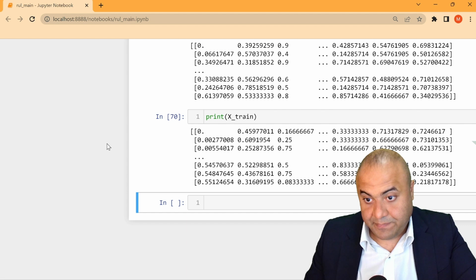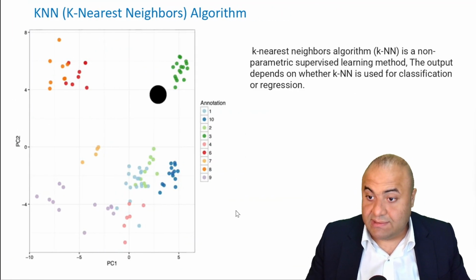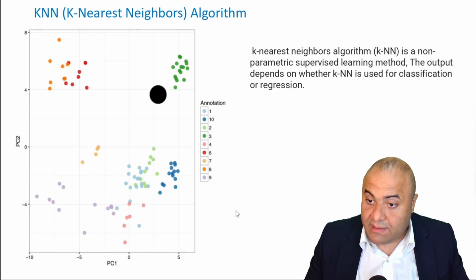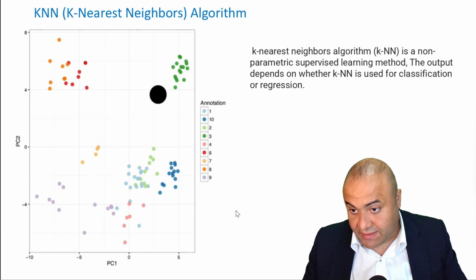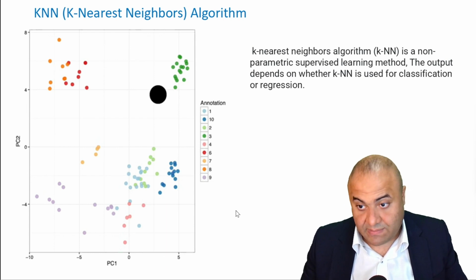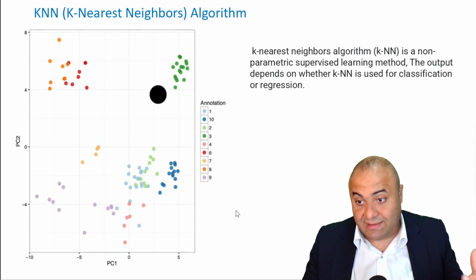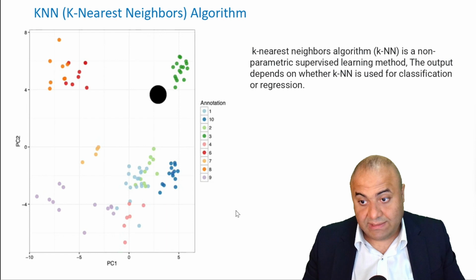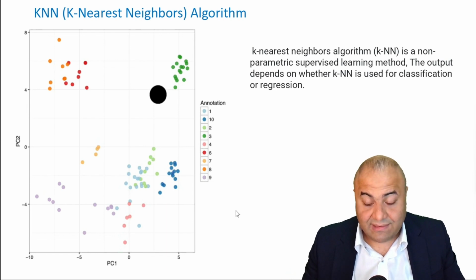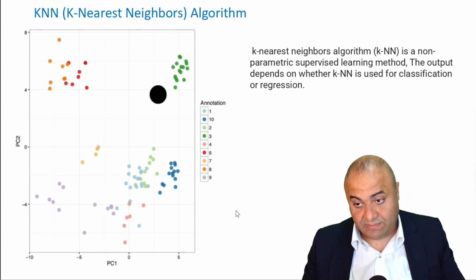So the KNN, or k-nearest neighbors, is an algorithm that can be used for both classification and regression. To understand the regression, which we are interested in this example, we have to first understand the method for classification.